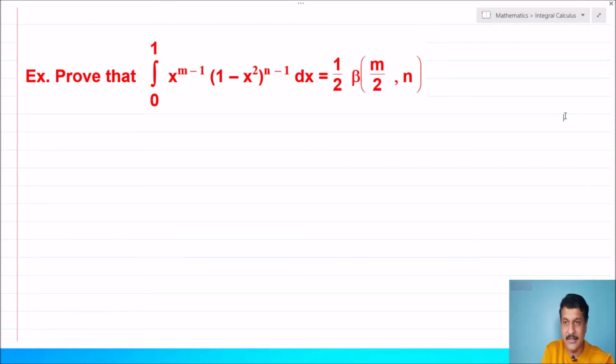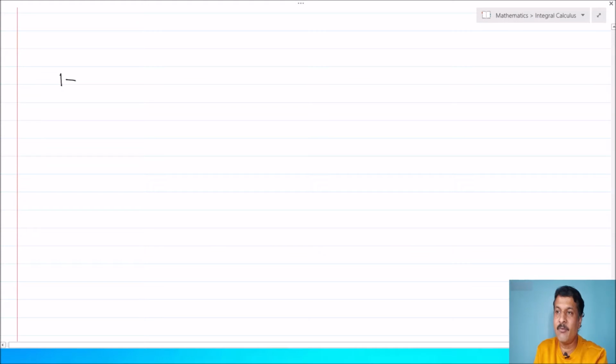How? See there, if there is 1 minus x raised to n, then you substitute x raised to n equal to t, or x raised to n equal to sine square theta. Because if I am using here 1 minus x raised to n and x raised to n equal to sine square theta, I will get here 1 minus sine square theta, and it will be cos square theta.